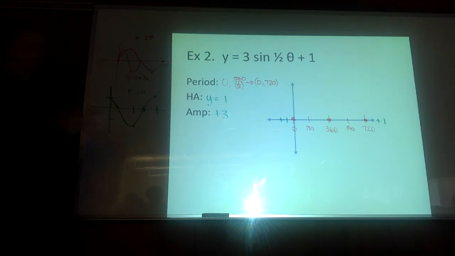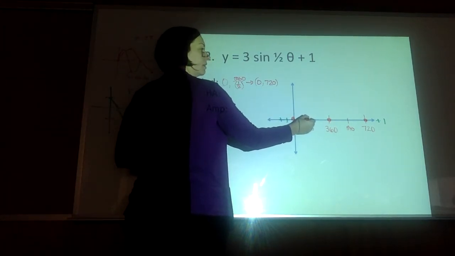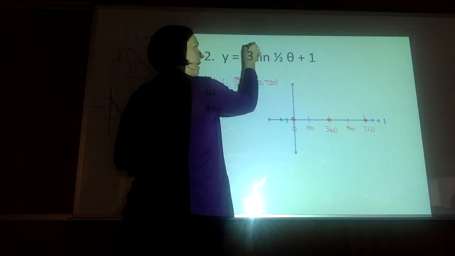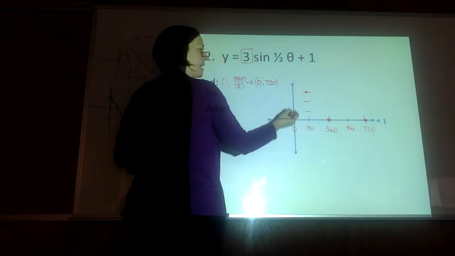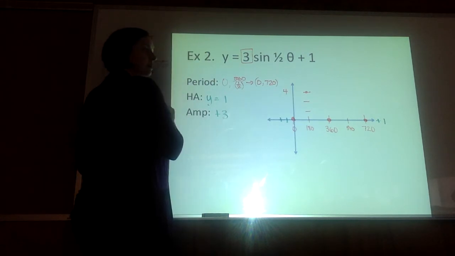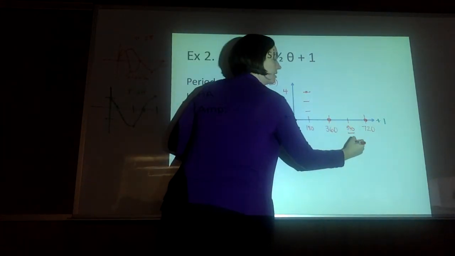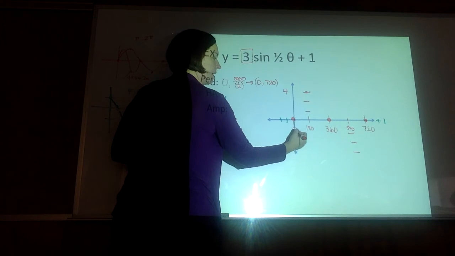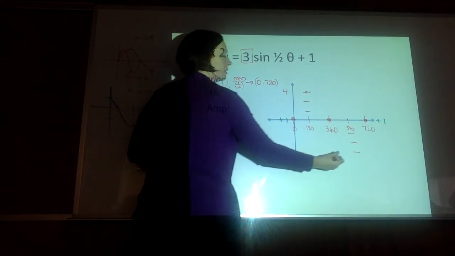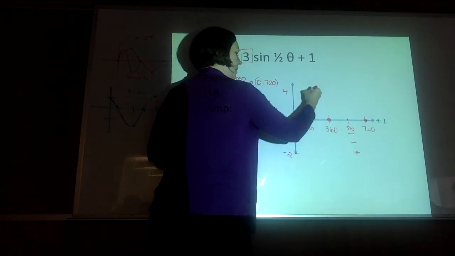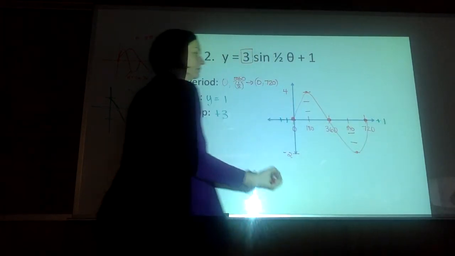From 180, count up. How many? 1, 2, 3. Puts me at a max of 4, correct? And then over here, 1, 2, 3 puts me at a min of -2. I'm going up, I'm going down, I'm coming around.